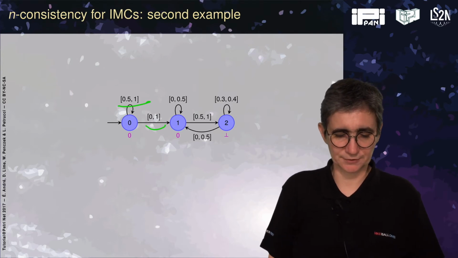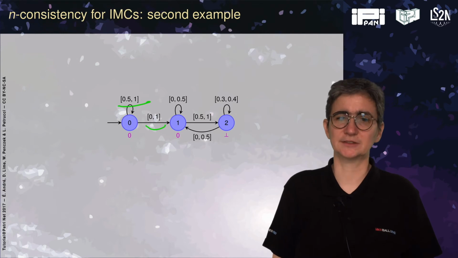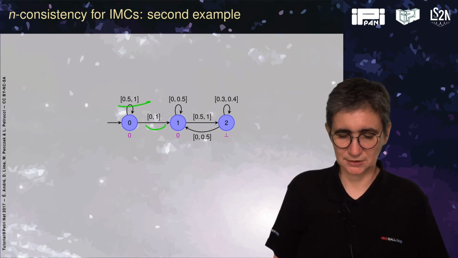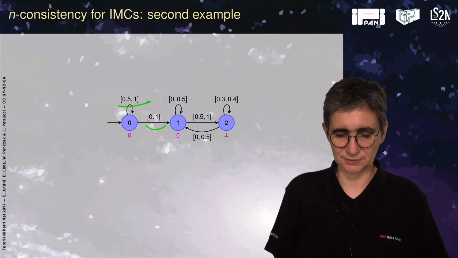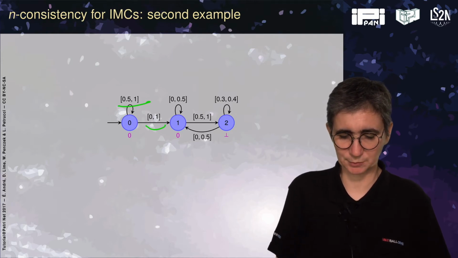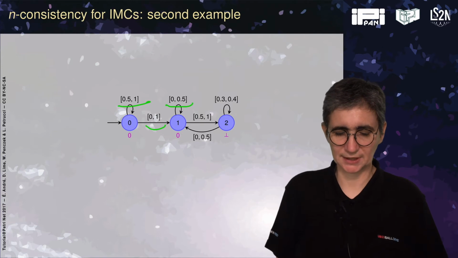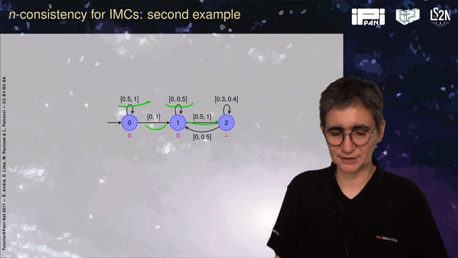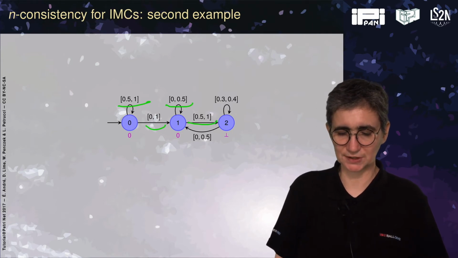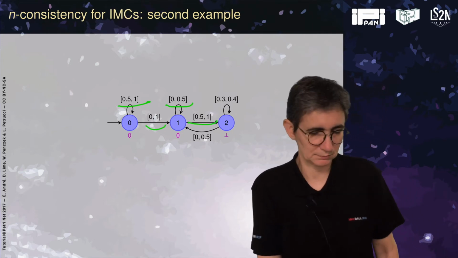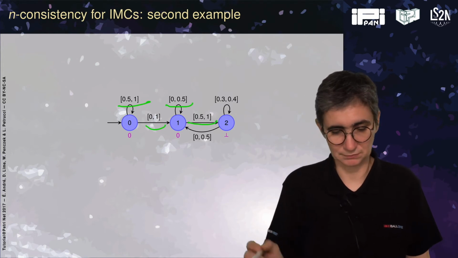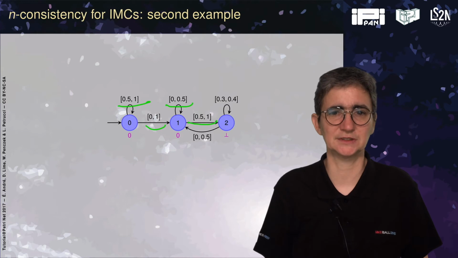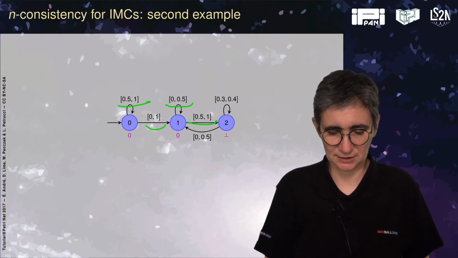So we can find a distribution that adds up to 1, therefore state 0 is zero consistent. As concerns state 1, we have something similar, a probability between 0 and 0.5 to loop, and a probability between 0.5 and 1 to go to state 2.